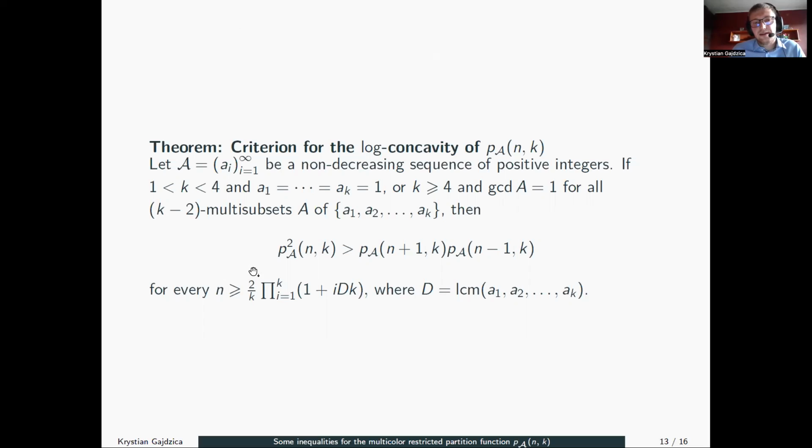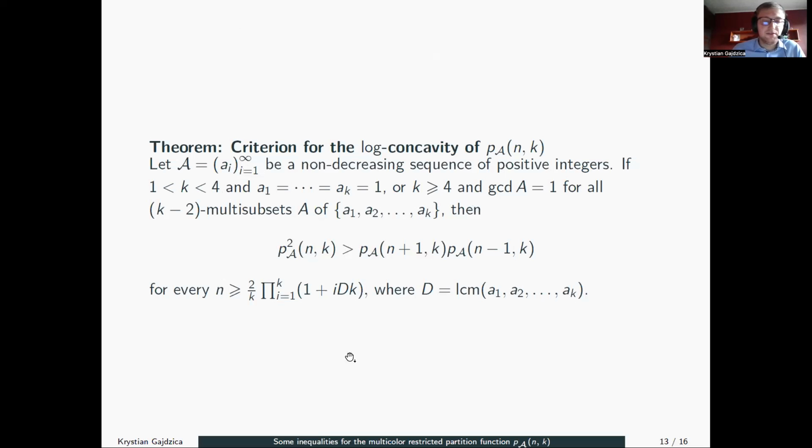However, the main advantage is that we cannot extend this theorem further, in a sense that we cannot leave out any of the assumptions and obtain the log concavity of the multicolor restricted partition function. In other words, without any of these demands, the log concavity cannot hold for the multicolor restricted partition function.